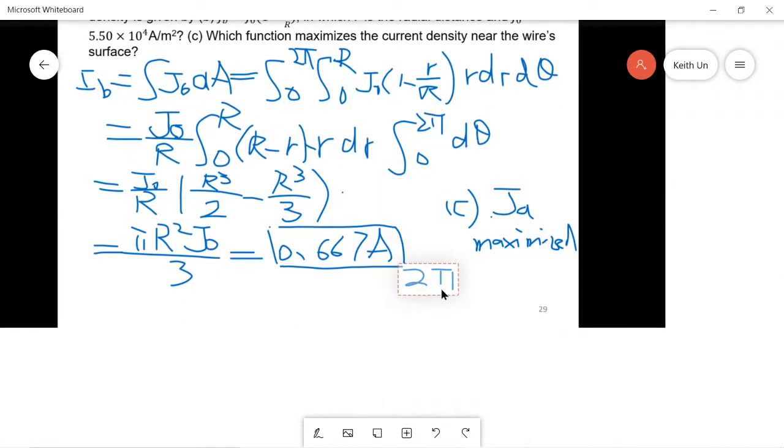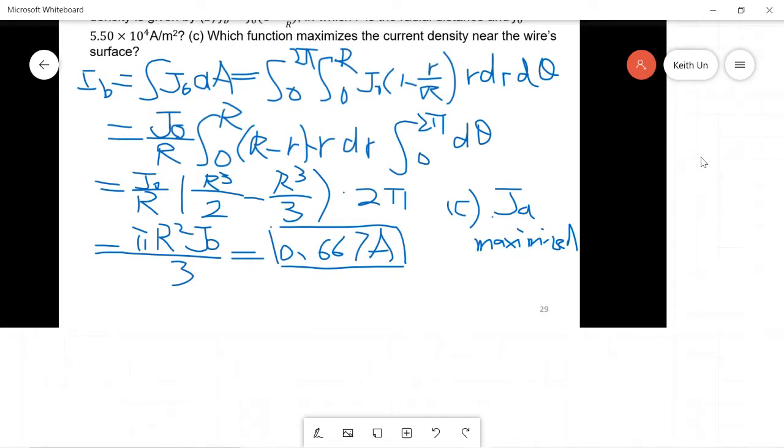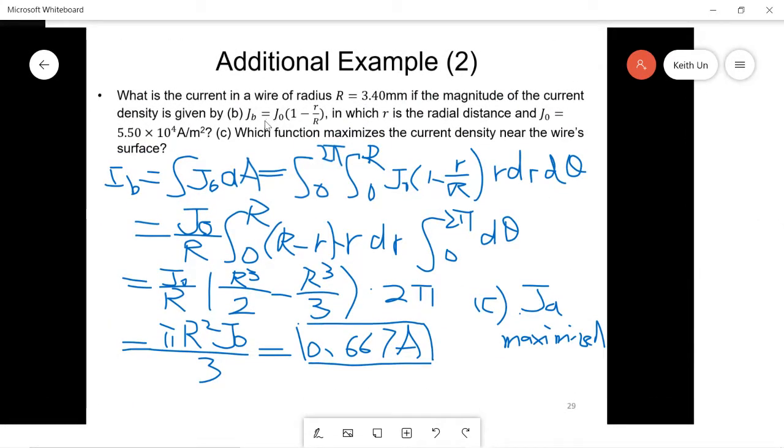But for JB, when small r equals capital R, then this is 1, and 1 minus 1 is 0. So JB at capital R is 0. Which means JA maximizes the current density near the surface.